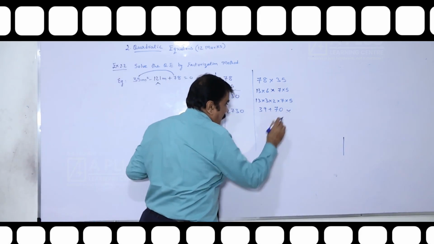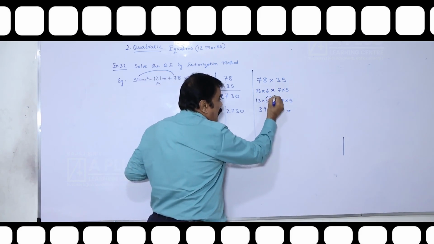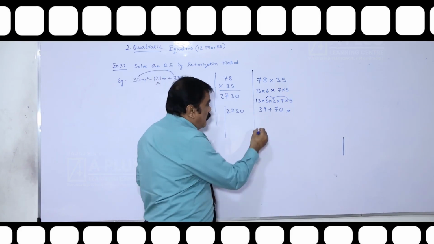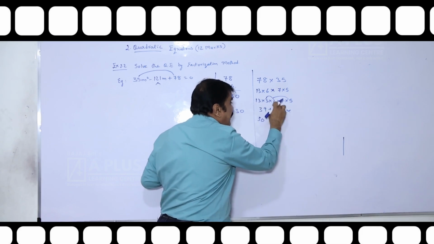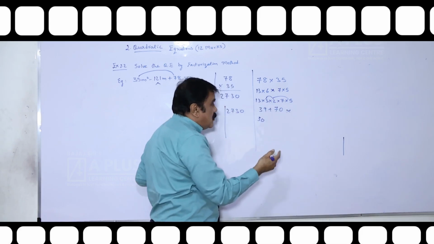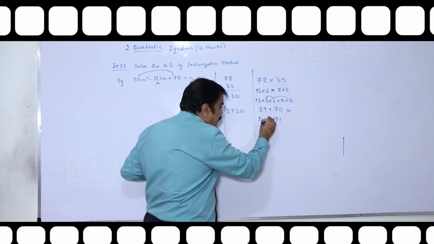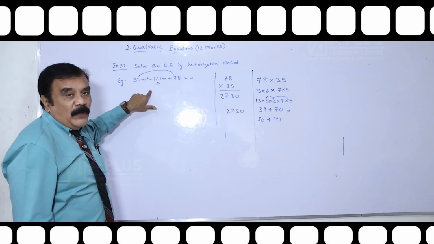I want 121. So I change this one. Now I take 3 twos are 6, and 6 fives are 30. And 13 sevens are 91. Now if I add these two, 30 plus 91, will I get 121?